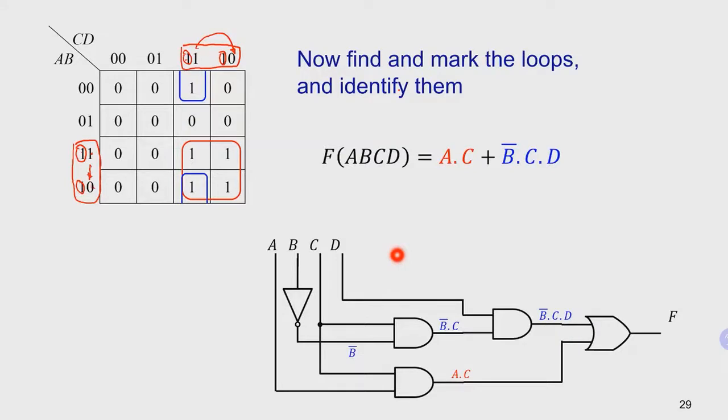So we have A and C in the red loop, and then the blue one.